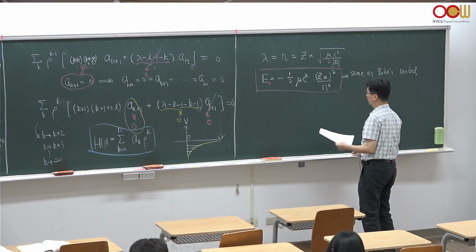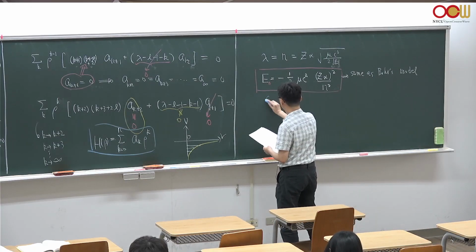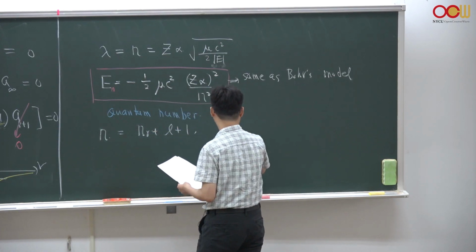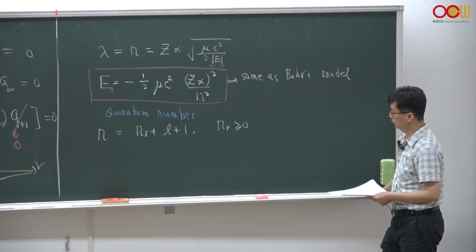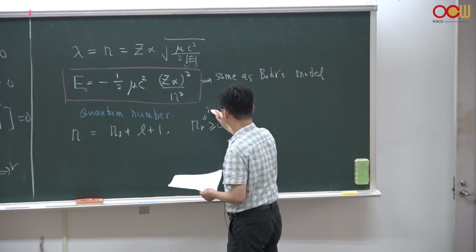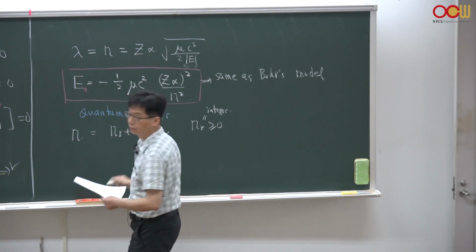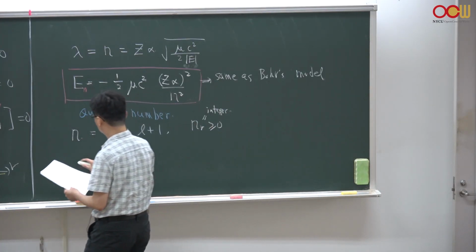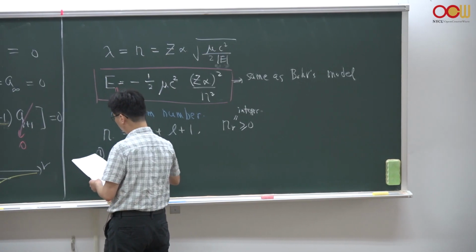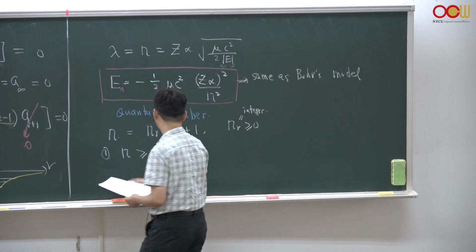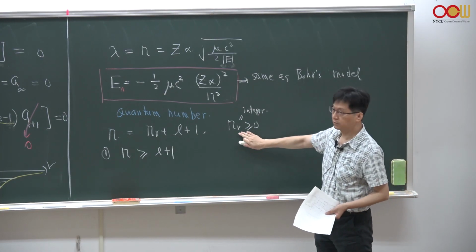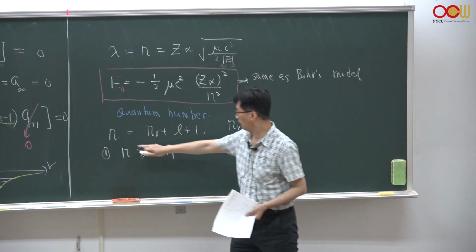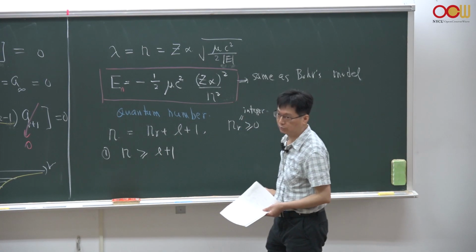So let me just emphasize this quantum number, n equals n r plus L plus 1, and we know that n r is greater than or equal to 0. It is an integer. From this relation among all these different quantum numbers, we know immediately that this principal quantum number should be greater than or equal to L plus 1, because n r is a non-negative number, which means that n is greater than or equal to L plus 1.